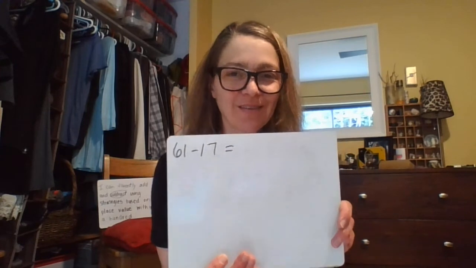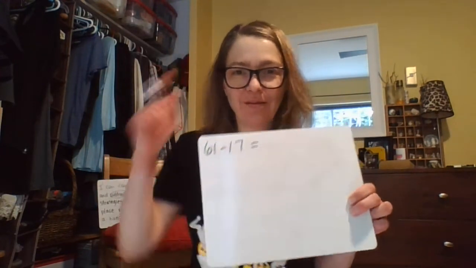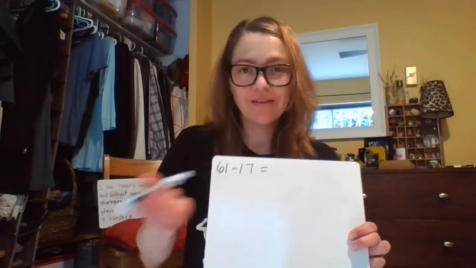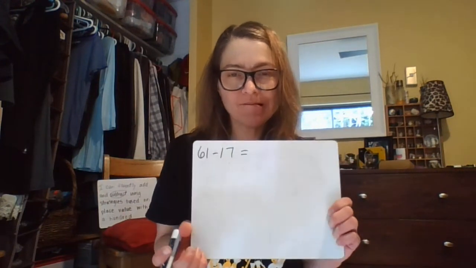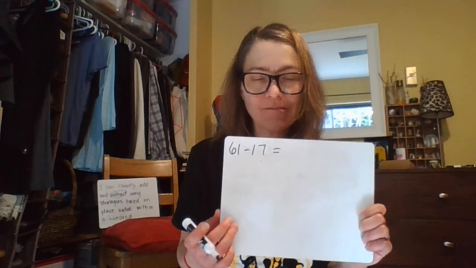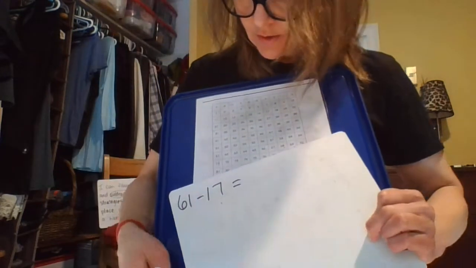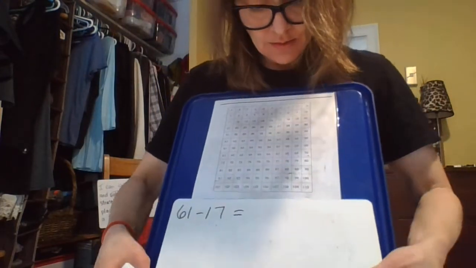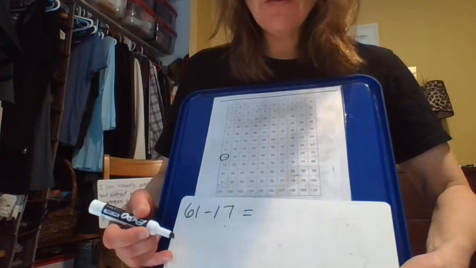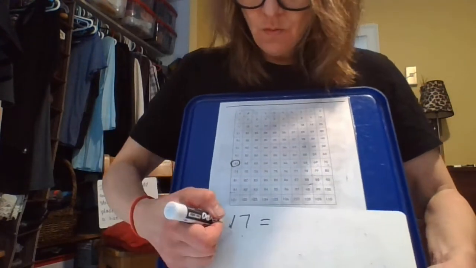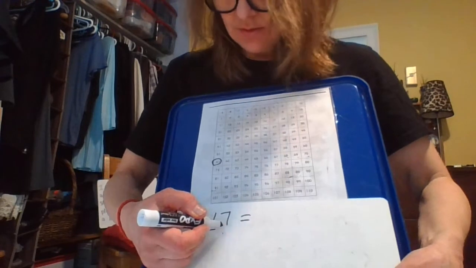We're going to see right away that 17 has 1 ten and 7 ones. So if we go to our hundreds grid, we're going to find 61, and we're going to minus 1 ten and 7 ones.